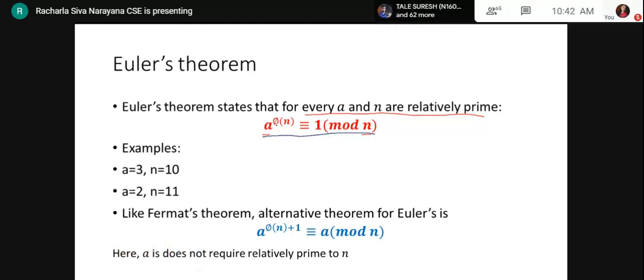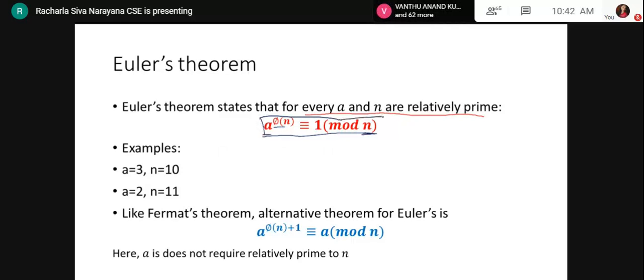Previously in Fermat's theorem, p was a prime, but here n is a number and a is a number. So here a and n are relatively prime, then a power phi of n is congruent to 1 mod n. This is true.